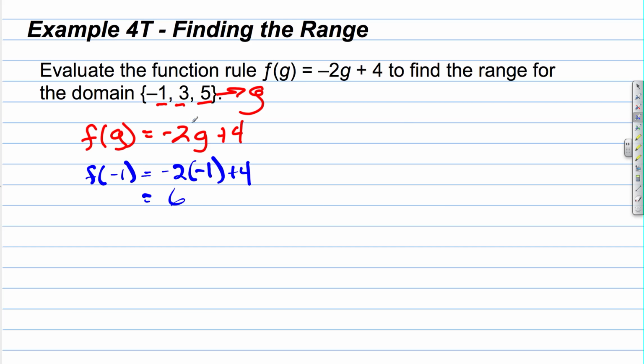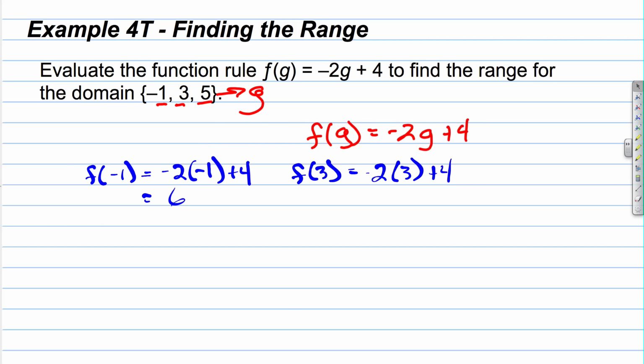We need to do that again, but we need to move to this number 3. We need to say f of 3 is equal to negative 2 times 3 plus 4. Now, you might be asking yourself, well, where did the negative 1 go? Where did the g go? What I did is I took this and I just substituted the 3 in for g each time.